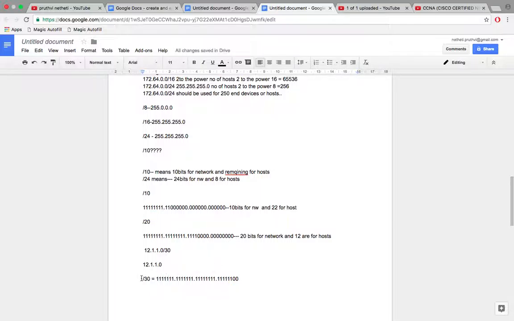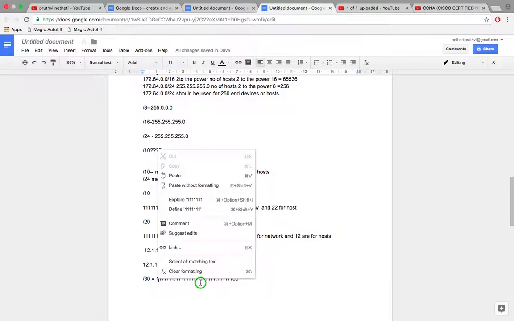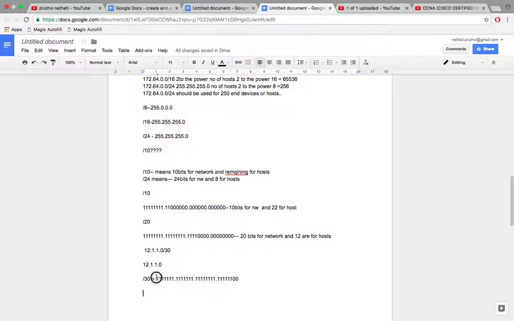So a /30 network is a very small network, right? You have the first 30 bits for your network, and only 2 bits are for your hosts.